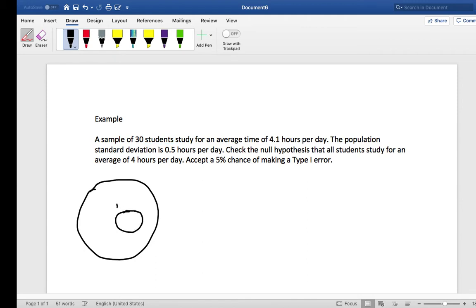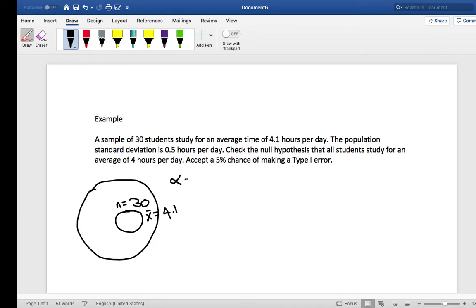I have a sample of n equals 30 students. They also tell us that the average time that this sample of 30 students spent studying, x bar, is equal to 4.1 hours per day.